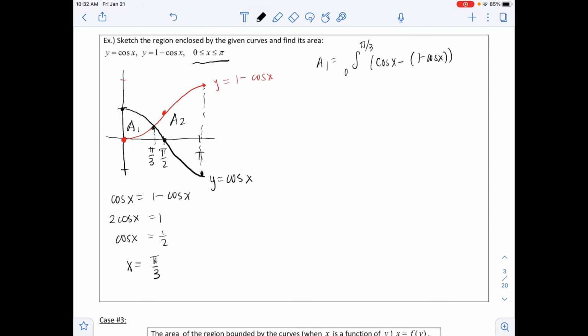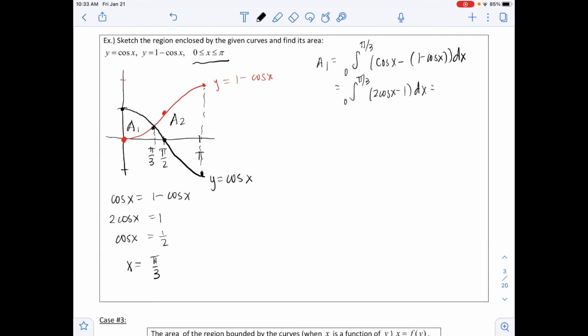And then we are integrating with respect to x, so dx. So from here we are able to combine our like terms. Integrating from 0 to pi over 3, cosine minus negative cosine is going to become 2 cosine of x minus 1 dx.